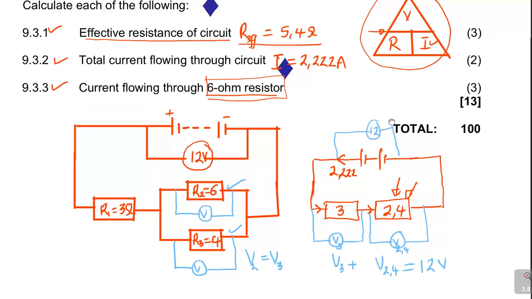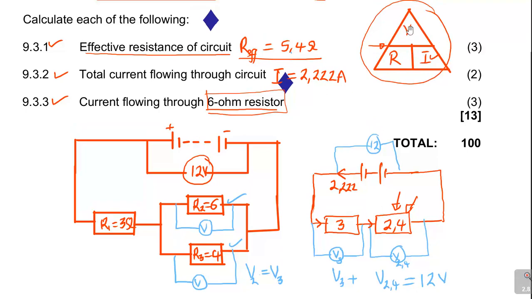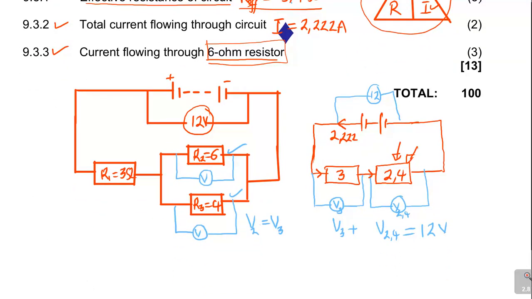I use my triangle. V is I times R. Remember that? So I'll use that formula: V is equal to I times R. Now I know my current, which is 2.222, times my resistance, the total resistance of the parallel part, which is 2.4.